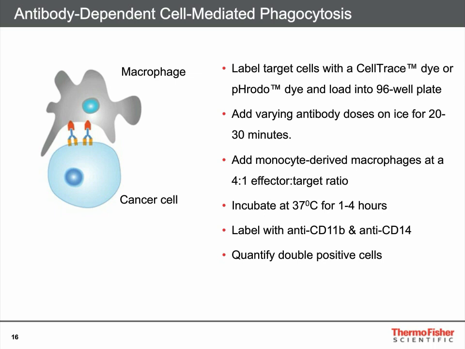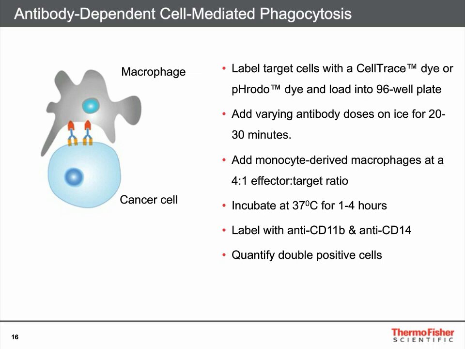Another approach is to label this cancer cell with pH-sensitive dyes, such as pHrodo red or pHrodo green dyes, which in either of those cases, our cell will be non-fluorescent until it is ingested and phagocytosed by a macrophage, at which point it will become brightly fluorescent. So either of those approaches are very useful to analyze this mechanism.